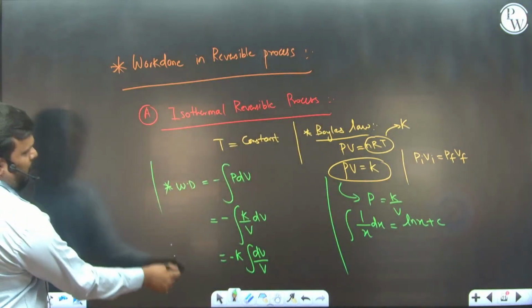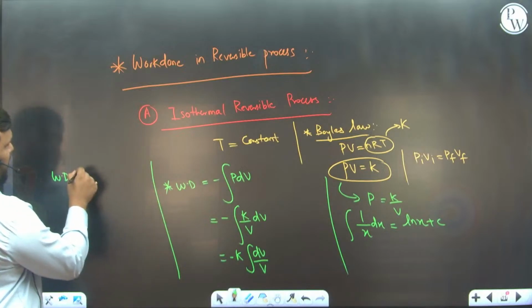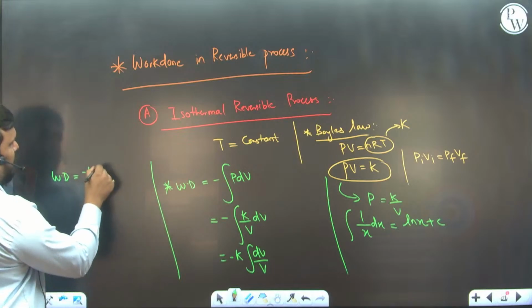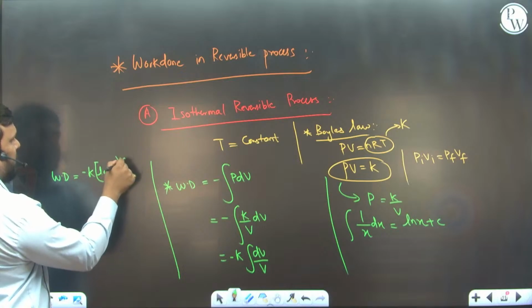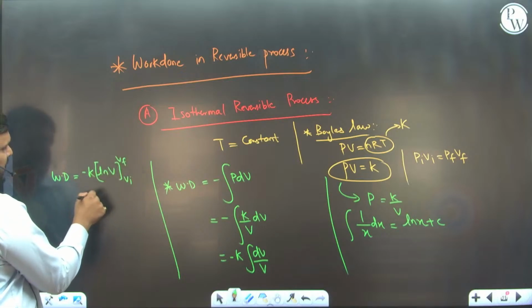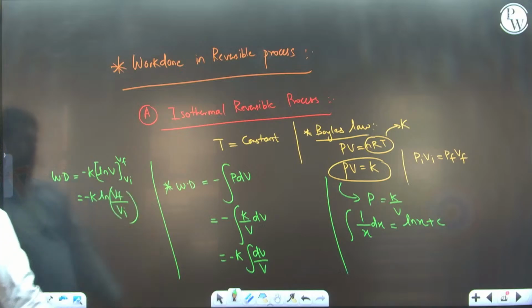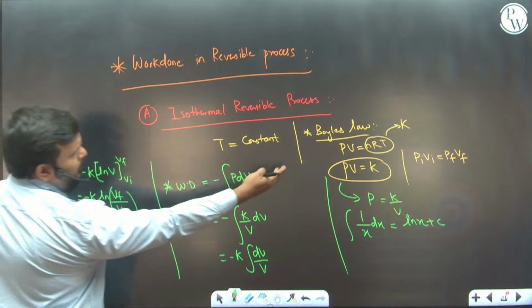So let us see what work done we are getting over here. Work done will be equal to minus K, and integration of dV by V will be natural log of V, limits V initial to V final. So we are getting minus K ln of V final upon V initial. And the K value is equal to PV, or you can simply put nRT also.